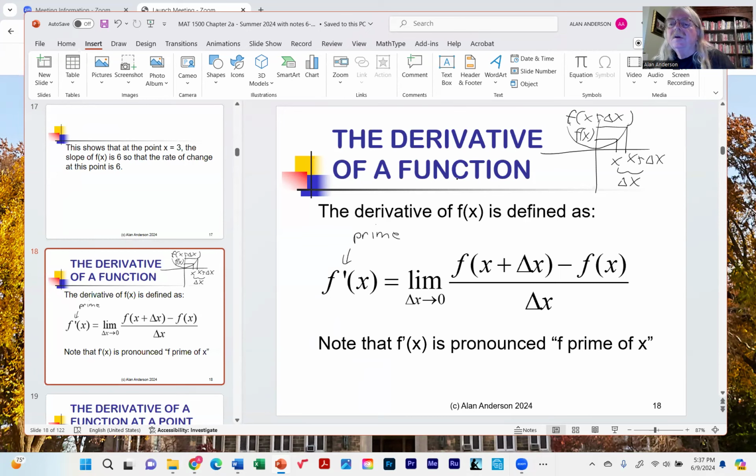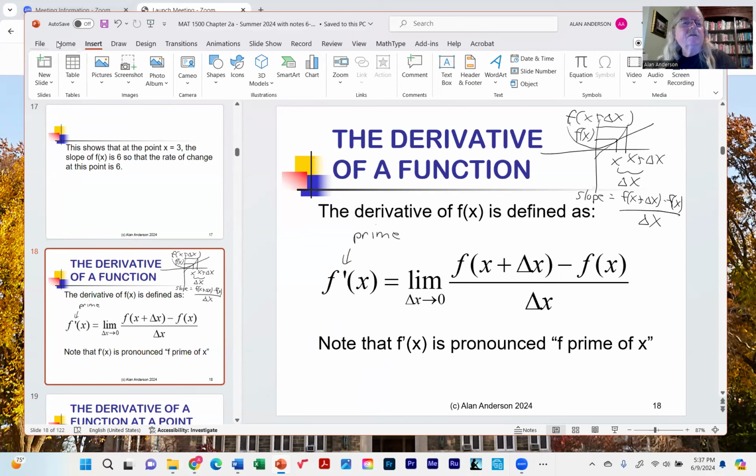And so the slope of this tangent line is this.